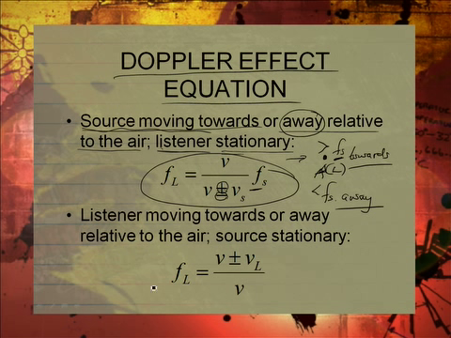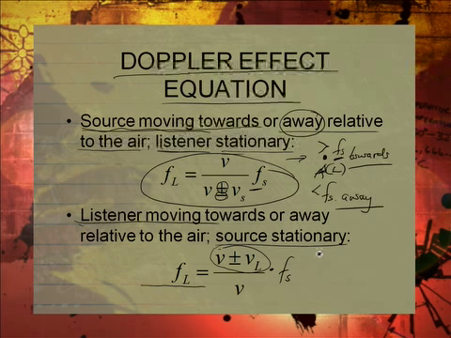This time it's the listener moving towards or away relative to the air, towards or away from the stationary source. Look at how it changed. And in fact, something is missing here, frequency of the source. We now make use of the numerator when it's the listener moving, plus or minus.